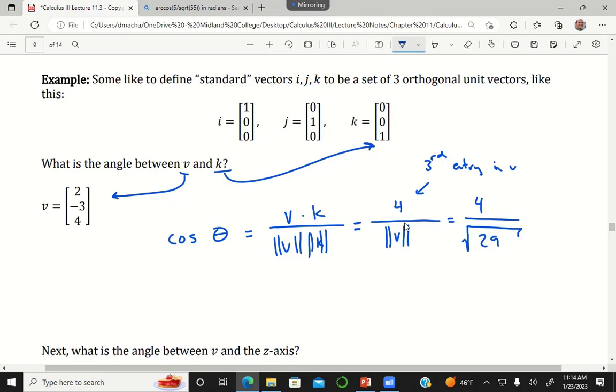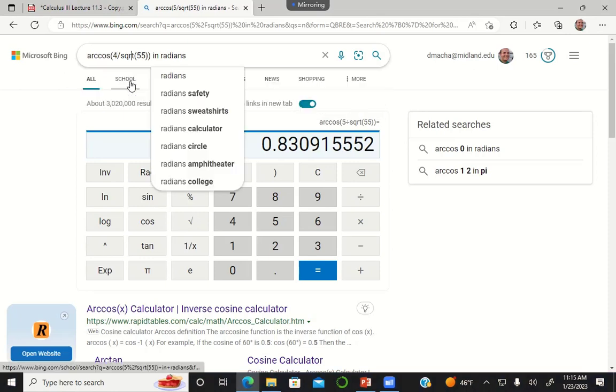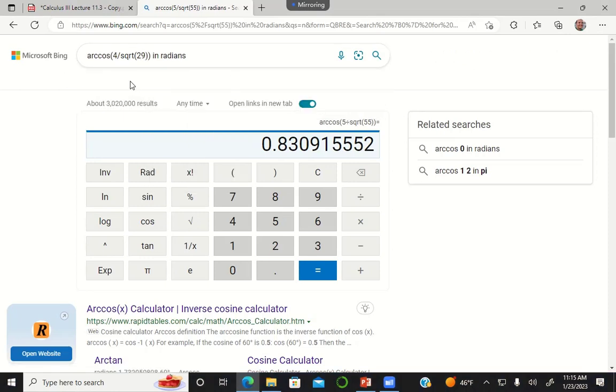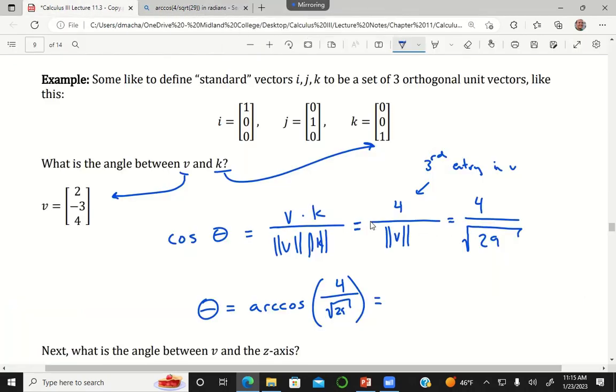And then to find this angle, you're just going to take your calculator and do arc cosine of 4 over root 29. So arc cosine of 4 over square root 29 is 0.73 radians.